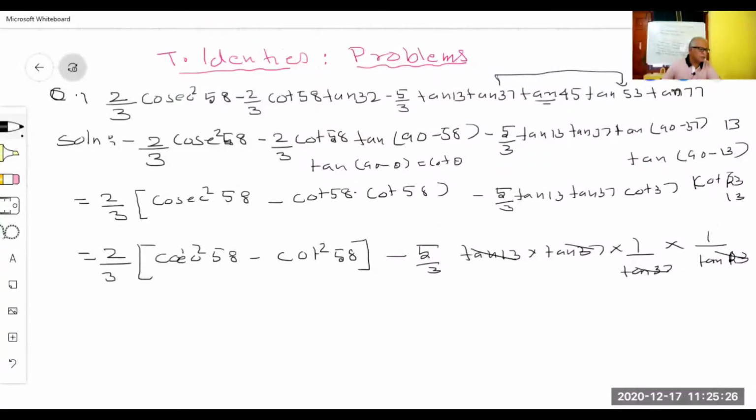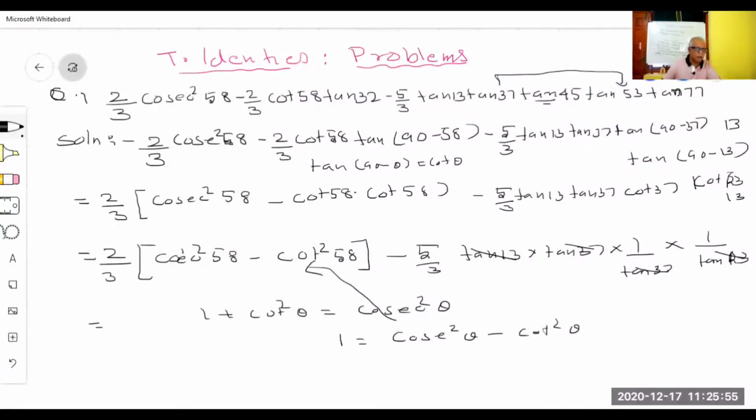2 by 3. What is now here? 1 plus cot square theta is equal to cosec square theta. All of us know it's the formula, the third formula. So 1 is equal to cosec square theta minus cot square theta. So this part becomes 1.